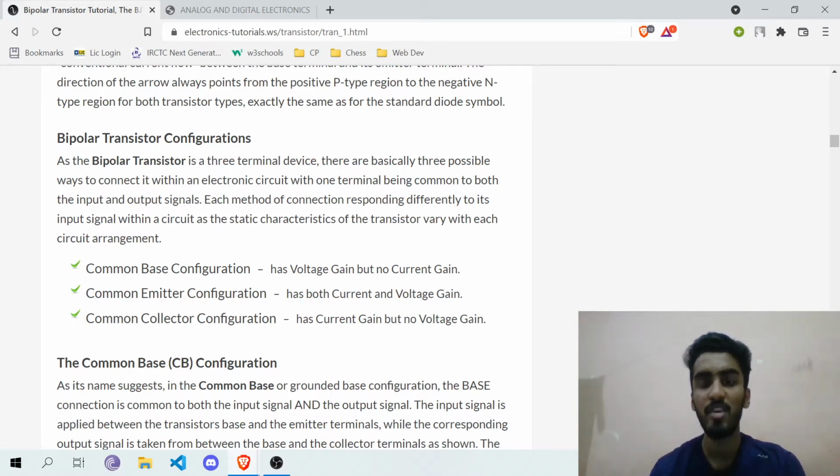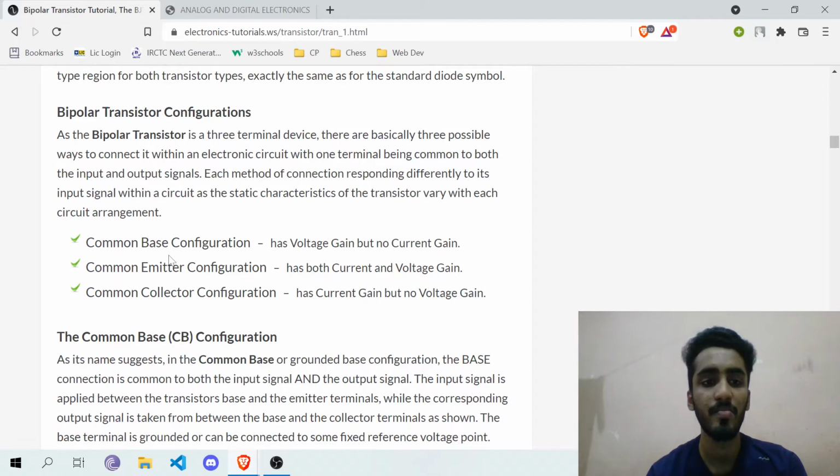As we know, we need two terminals for input and two terminals for output, and the transistor consists of only three terminals, so we have to keep one terminal common to both the input and the output signals. Hence, we can make common either the base, the collector or the emitter. Each method of connection responds differently to its input signal within a circuit as the static characteristics of the transistor vary with each circuit arrangement.